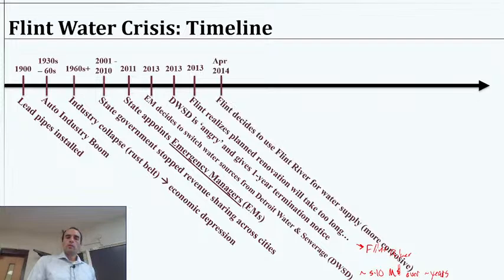Okay, so by April 2014, Flint makes that decision, and the real issue here is, as we will see, it turns out the Flint River is more corrosive naturally. So the natural elements in it, the minerals, it just happens to be more corrosive.